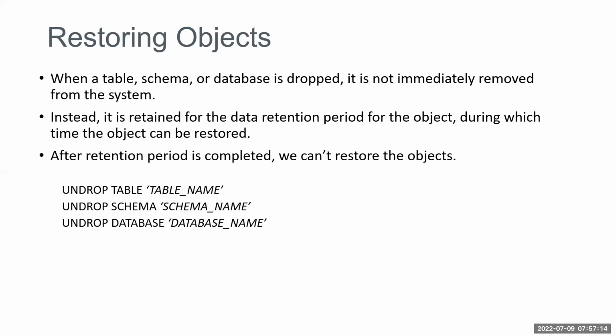If you try to undrop once the retention period is over, it will not work, because after that it will be completely deleted from Snowflake. So this is how we restore objects. This is very simple. We just have to put undrop for a table or schema or database.